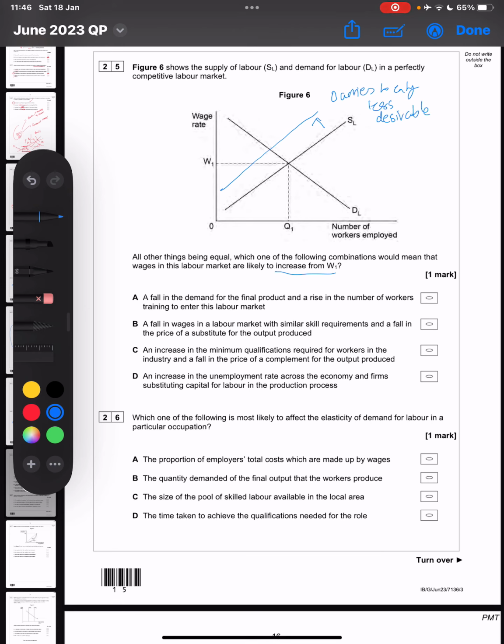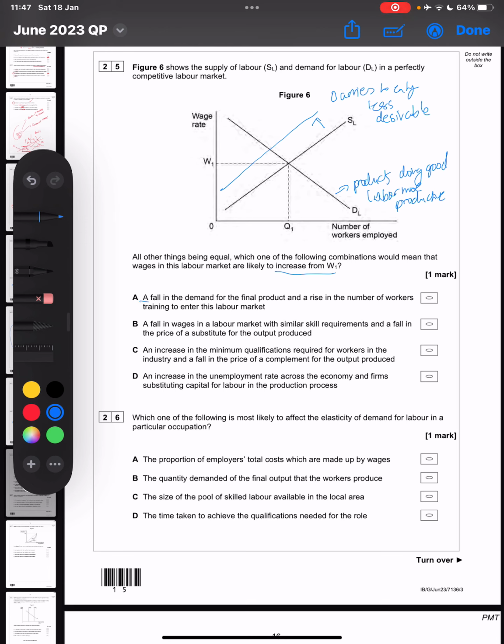And the demand would increase if the products that they sell are doing well, or the labour is more productive. So I'm looking for something like this.